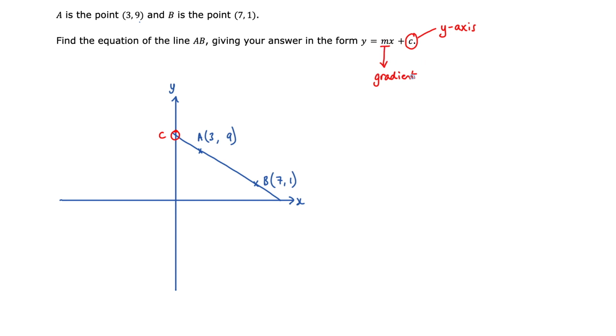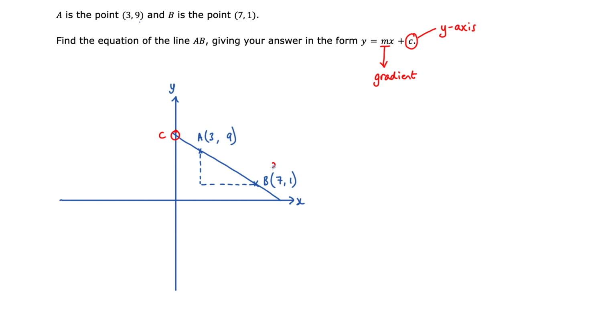The m is the gradient or the steepness of this line. So if I just drop down a vertical here and then go across horizontally, we can calculate the gradient. The gradient is the change in y, so this vertical distance, over the change in x, this horizontal distance. So the change in y over the change in x.